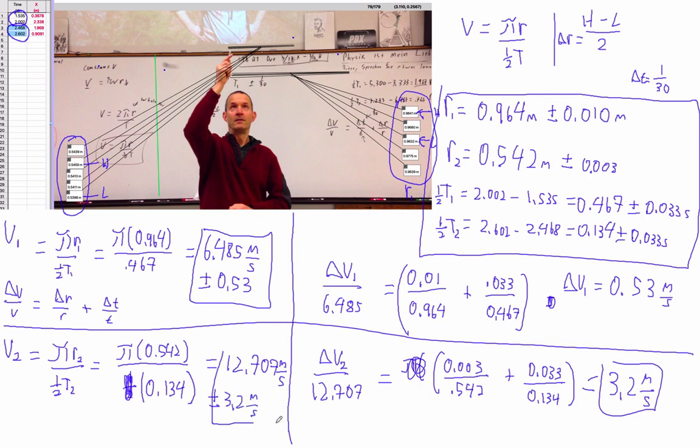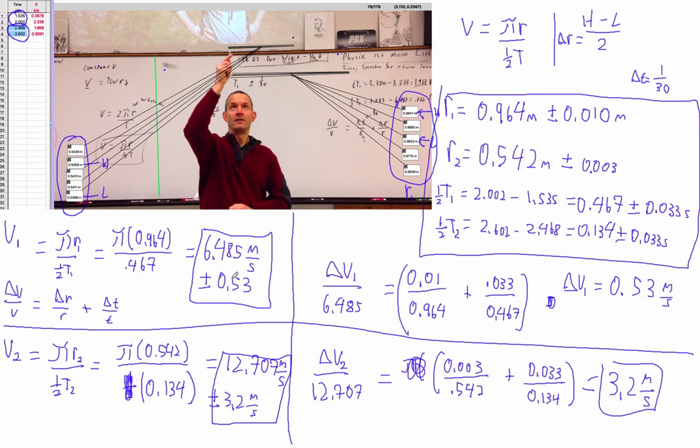Okay? Now, we need to make an argument here, right? So in your conclusion, you need to say, the velocity before was this, and the uncertainty was this, and the velocity after was this, and the uncertainty was this. Yeah, the velocity after was more, and even taking into account, right, if I go 12.7 minus the 3.19, that brings it down to 9.51, and we could bring this one up to about 7, but these are irreconcilable.